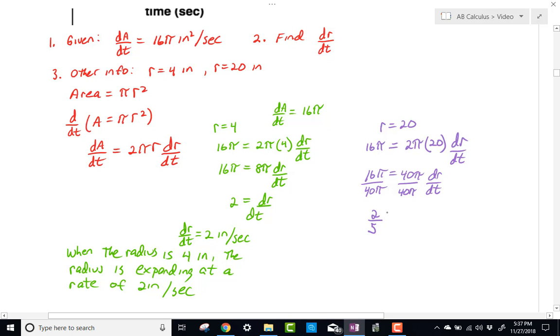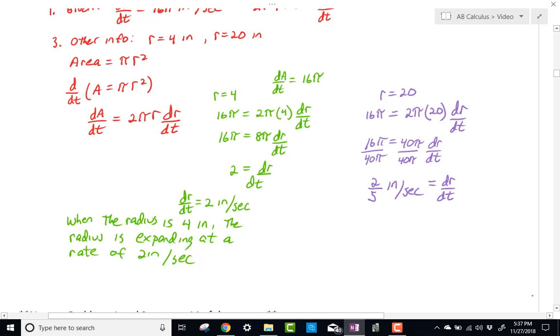Now again, I'm going to attach the units right away here, because this is 2/5 inches per second equals dr dt. So you can see that the radius has slowed way down in its growth rate.